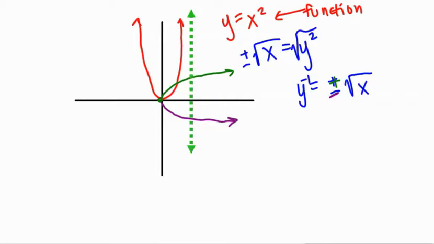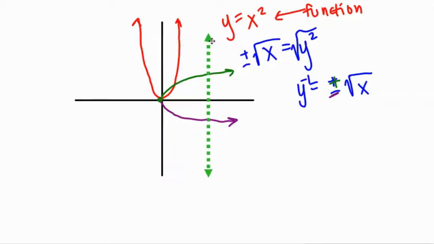However, when I look at its inverse, it fails the vertical line test almost right away. The green and purple parabola crosses through a vertical line twice. Therefore, it does not pass the vertical line test.